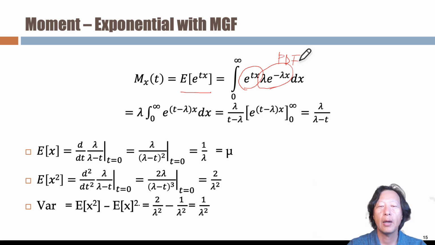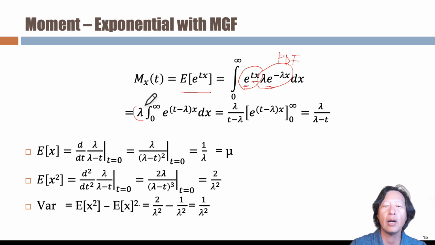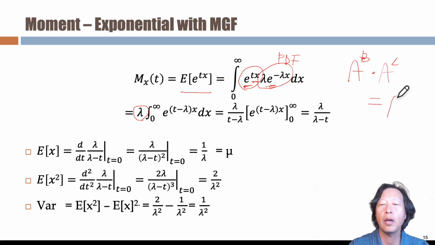Now we have to make sure, because it's the same base e and e, lambda going out, and then it's base e and e, so we can just simply add up. Like a to the b times a to the c is a to the b plus c, right?